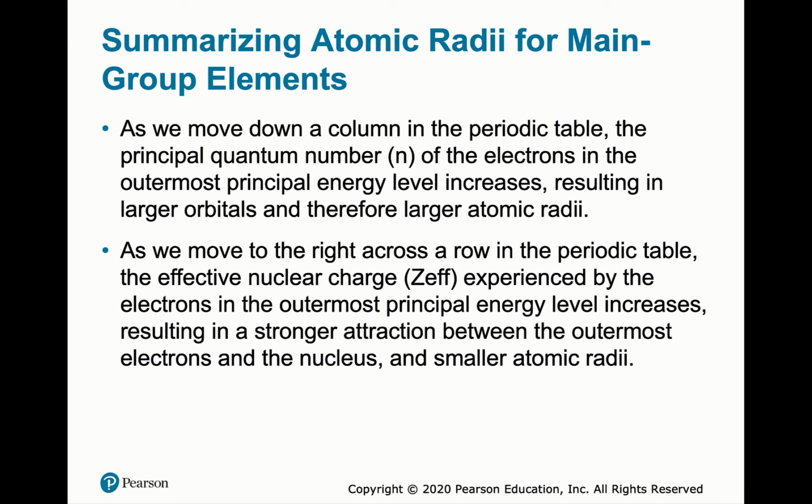So sodium has 11 electrons, and 10 of those are core. So that extra electron on the outside is really blown out further. So then it just gets bigger. And then as you move right across the periodic table, the effective nuclear charge increases, and since the nucleus draws in the electron density, it'll shrink the atom size.